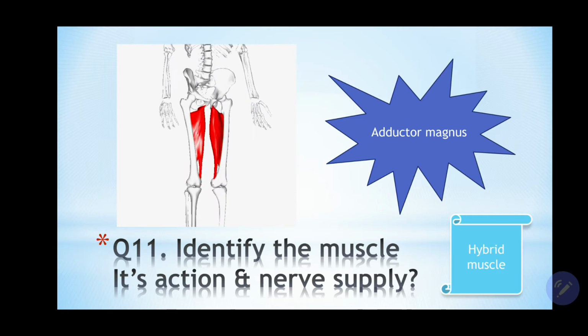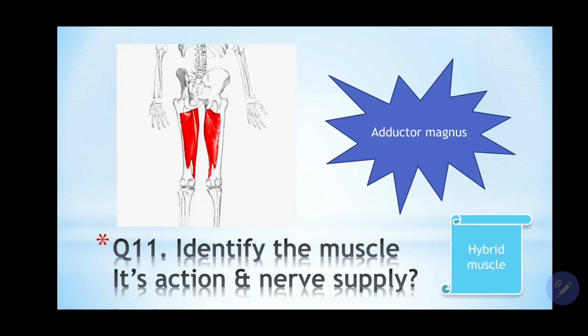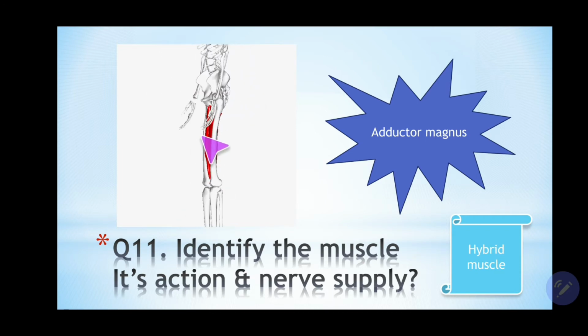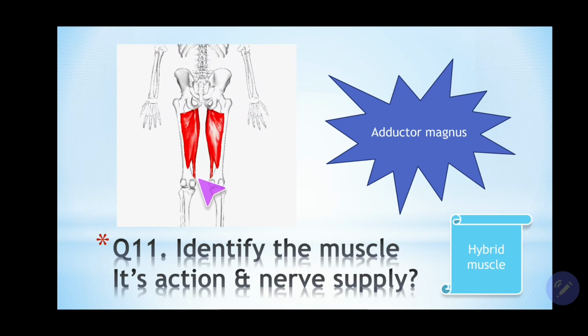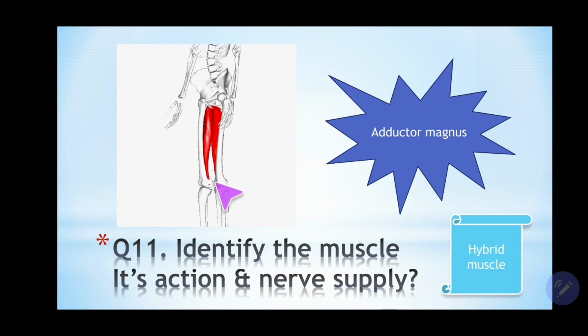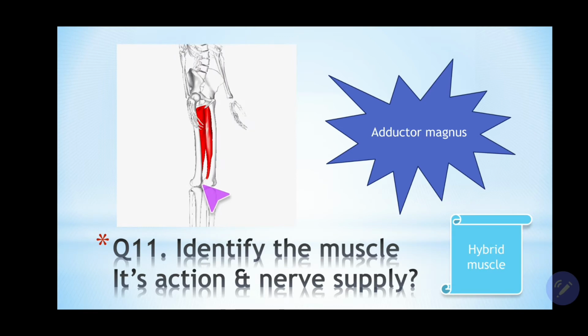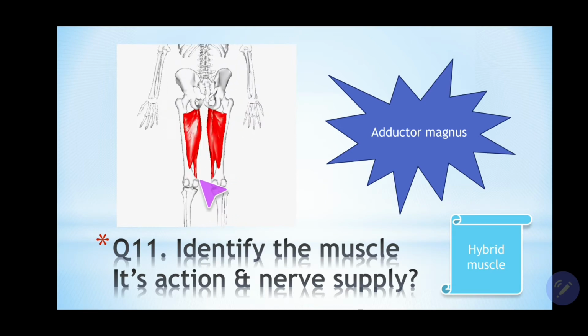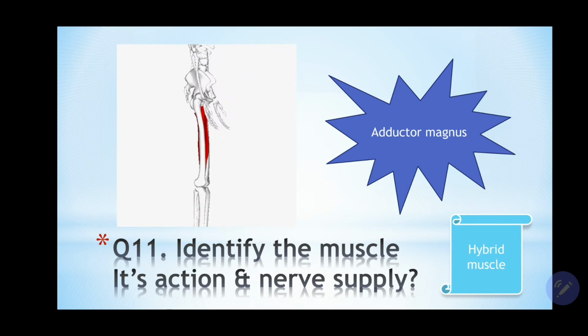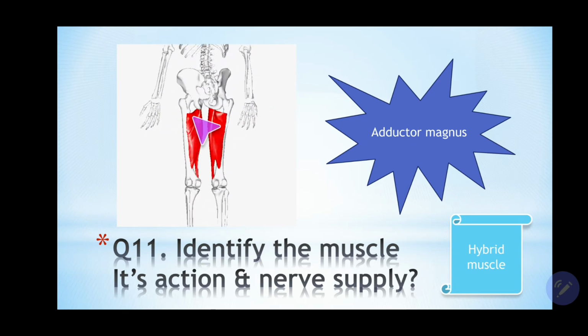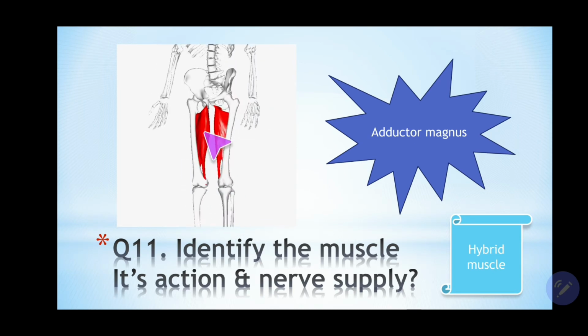So the vertical fibers, you can see, are reaching vertically and leaving a space, the hiatus magnus, they descend down and attach here on the adductor tubercle, which is a prominent epicondyle, just at the level of the medial epicondyle. There is an adductor tubercle onto which these vertical fibers, the ischial fibers, are attached.